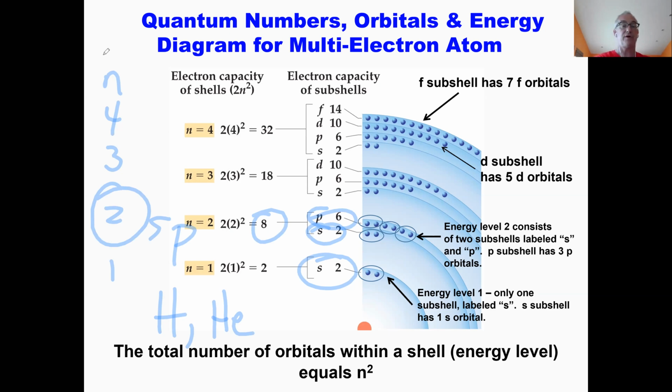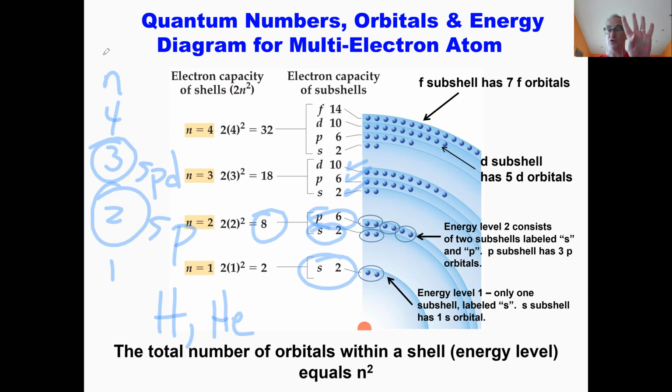Now, the third shell has room for 3 subshells, S, P, and D. S has 2, P has 6, D has 10. So that would be 18 more. Now that we've added another 18 electrons, the first shell is filled, the second shell's filled, the third shell's filled. We move to the fourth shell.